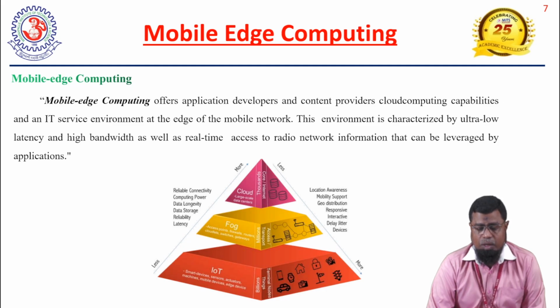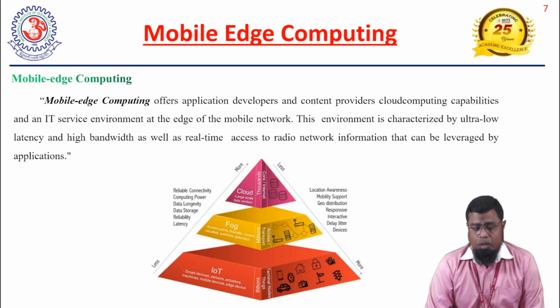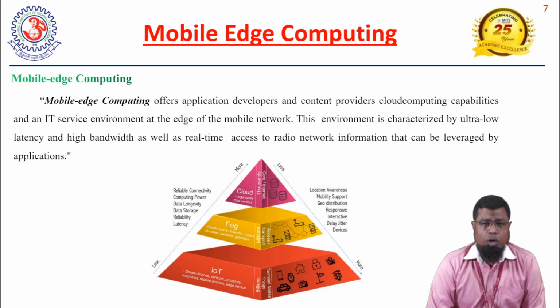So the fog layer has its own devices. Then at the bottom there is a larger pyramid, which we call the edge layer or end user layer. End users are available in this layer only. All IoT devices are available at the bottom layer. So edge computing will act in this layer only. In between the fog and user layer, edge computing will play the role.